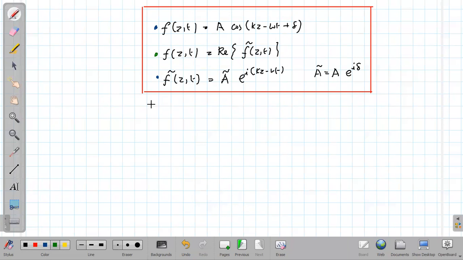So that's all about the complex notation, and we will show the power of this complex notation in the next lecture when we deal with the physical example of reflection and transmission of a wave in a stretched string. Thanks for watching this small video, and we'll see you in the next class.